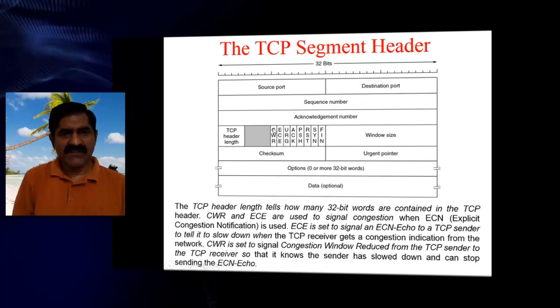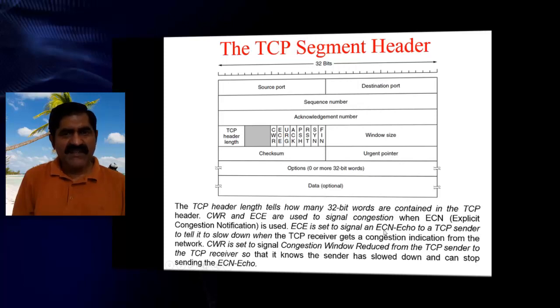So what is this CWR? This is the indication of congestion window reduced. When congestion happens, we indicate that congestion is happening with explicit congestion notification.